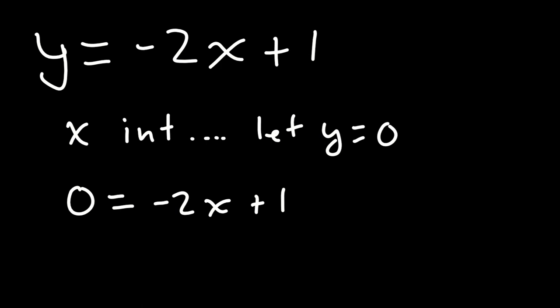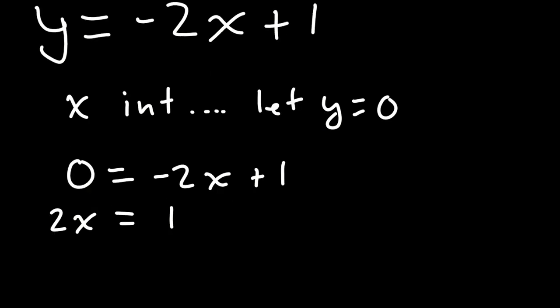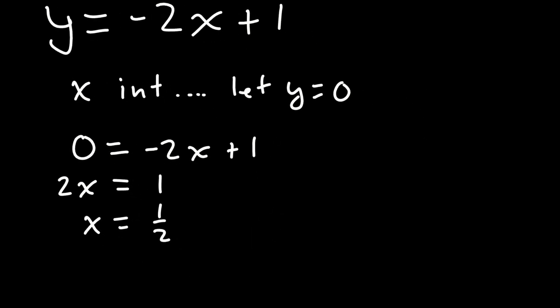I'll add equal things to both sides, so I'm adding positive 2x to both sides. This gives me 2x over here, and this side becomes 1. And now I'm going to divide both sides by 2, so I get x is 1/2. So my x-intercept has to be at the point x is 1/2 and y is 0.